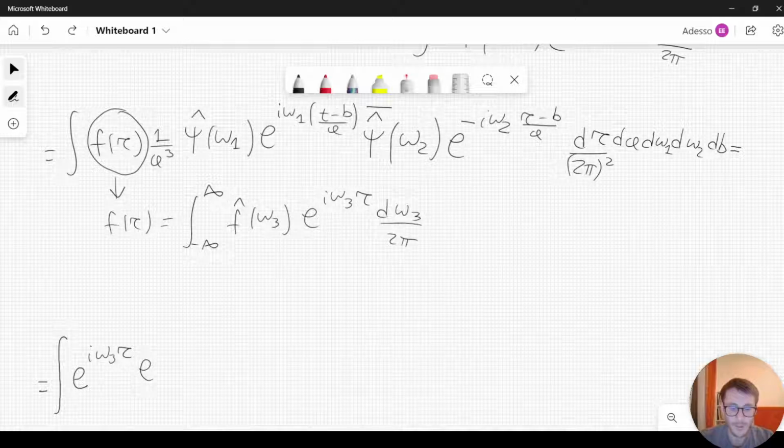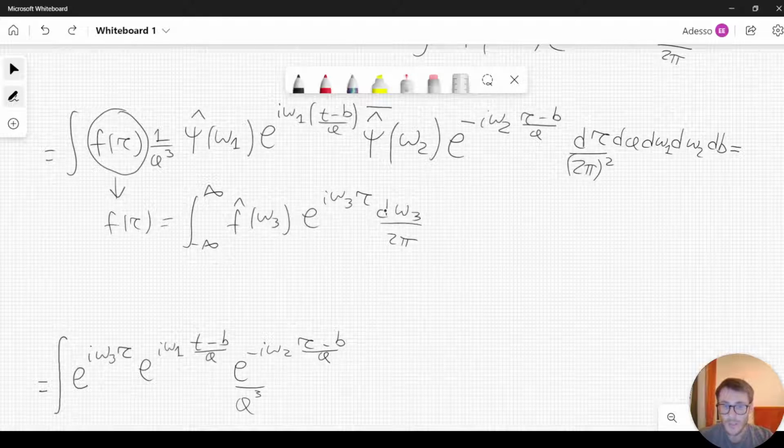Then e to the i omega 1 (t minus b over a), and e to the minus i omega 2 (tau minus b over a). I also have to divide by a cubed, which we have in the denominator, exactly here.